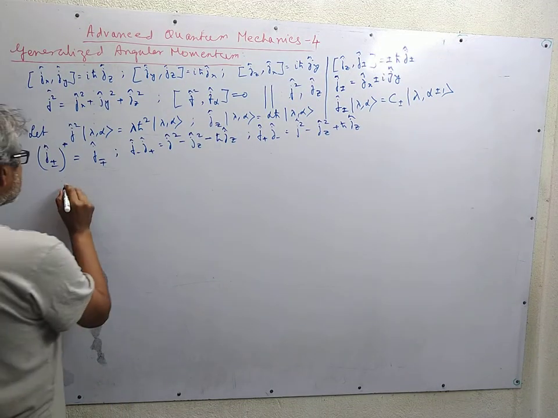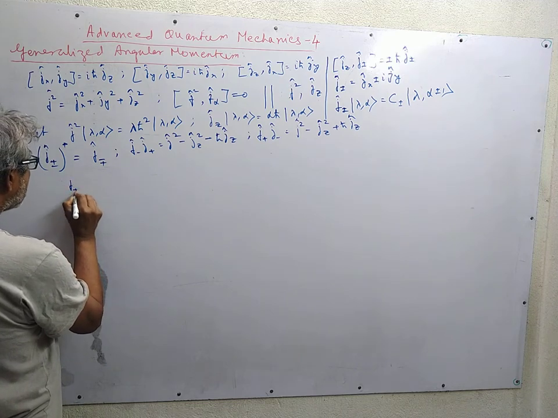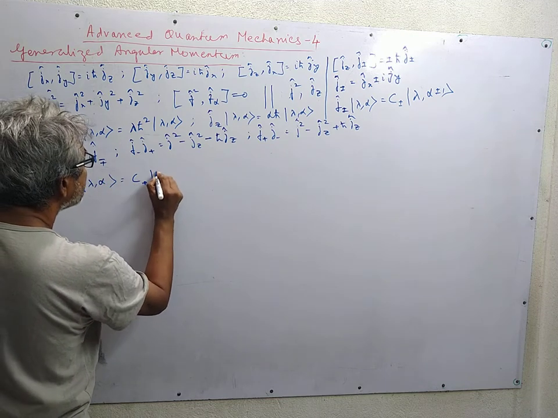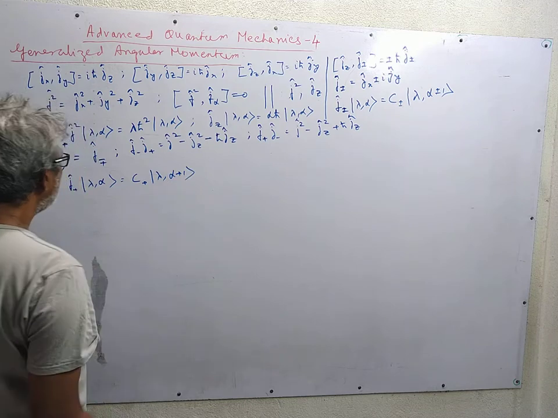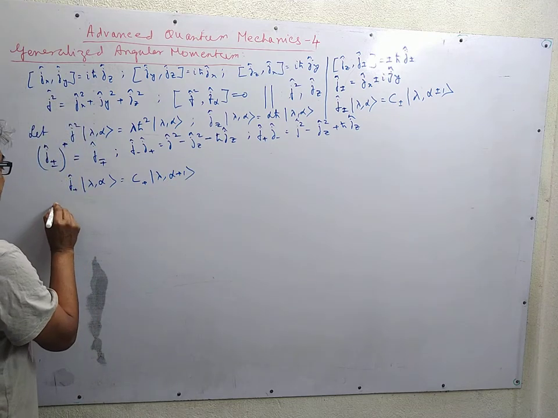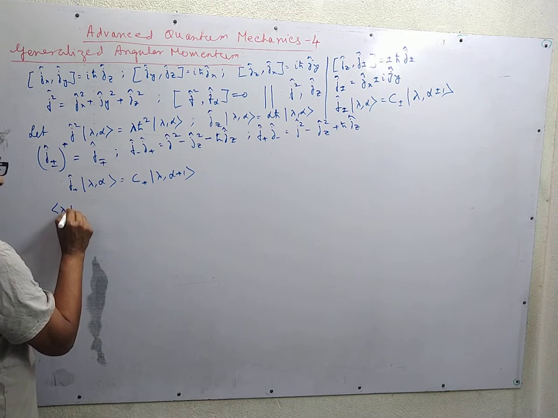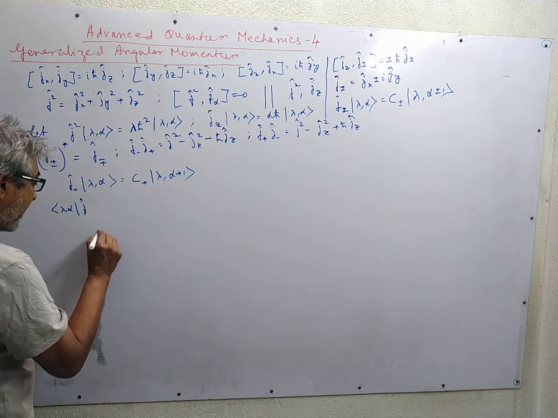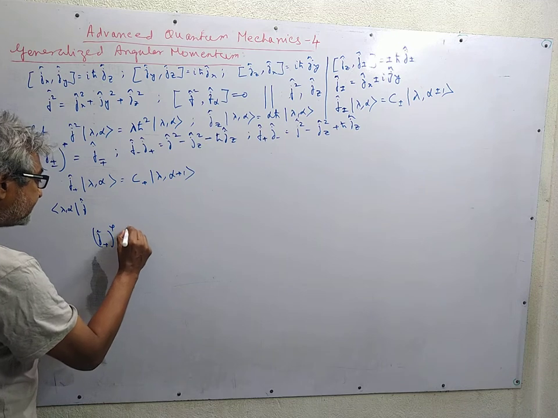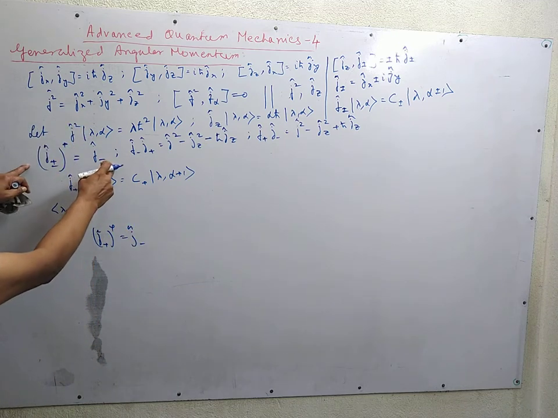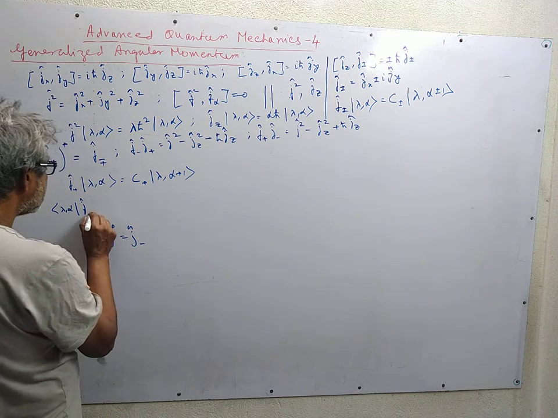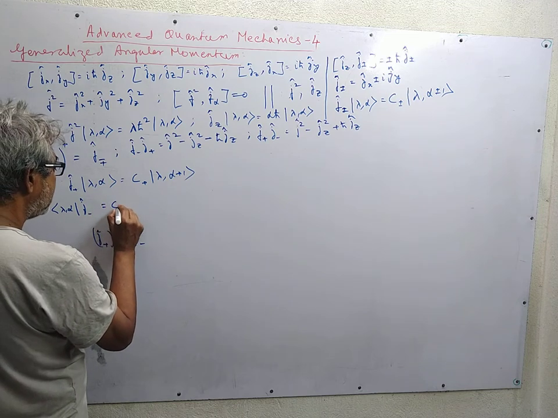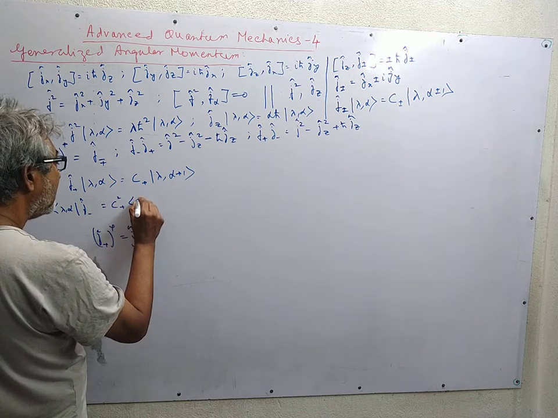We consider this expression, J plus operating on lambda alpha is C plus lambda alpha plus 1. We take the Hermitian conjugate of it. So this is lambda alpha, this is J plus dagger, and J plus dagger is simply J minus, as we have written over there. So this is J minus, and this is C plus star lambda.